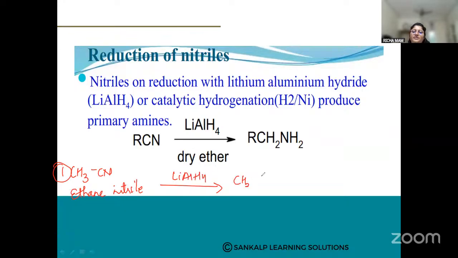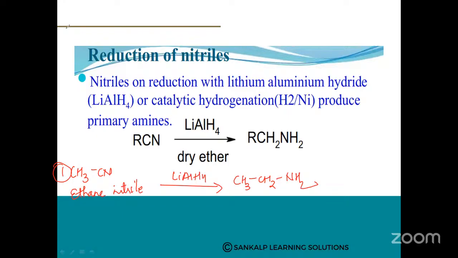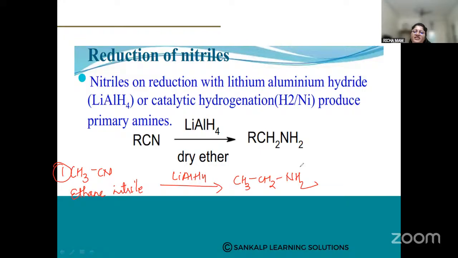I'm going to get CH3CH2NH2. What is the name? Ethanamine. So ethane nitrile with the help of lithium aluminum hydride will give you ethanamine.